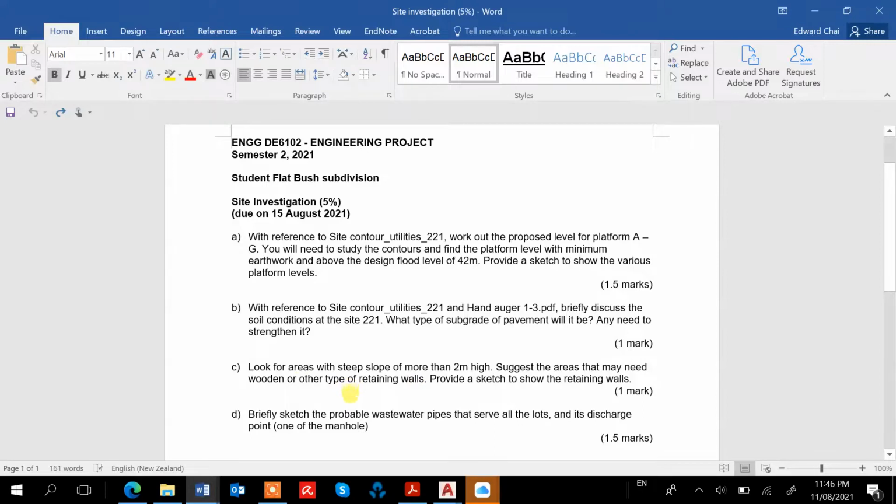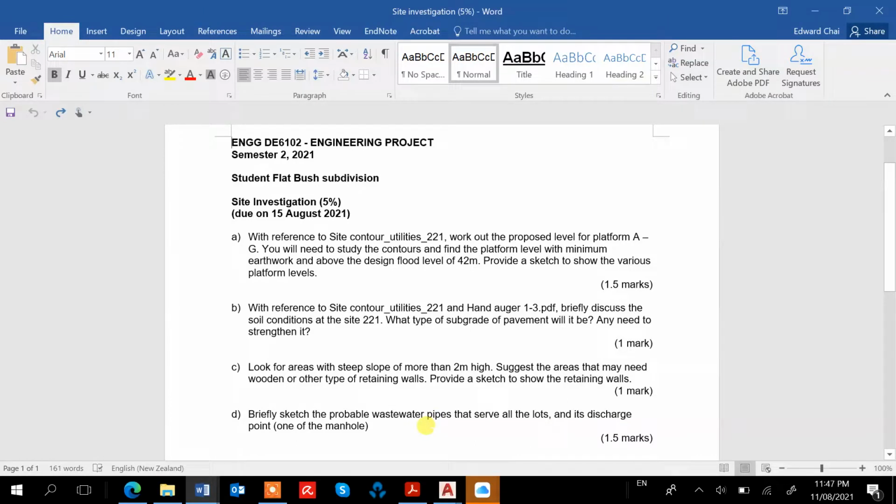Okay, let's see. And for D, we need to find out the wastewater pipe. We need to determine the wastewater pipes serve all the lots, to this discharge point. Okay, so if possible, I think at this point we're not going to do a detailed design of the wastewater pipe.